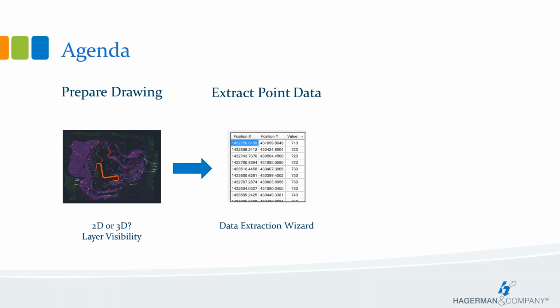The reason we're going to focus on that first is the what-if situation that I'm going to present is a site plan that is a flat drawing, which I personally don't like. I'd rather have the 3D information. But what do we do when we don't get what we want? Then we have to work with what we have. And so that's the example that I'm going to start with. The data extraction wizard in AutoCAD is going to help us do that.